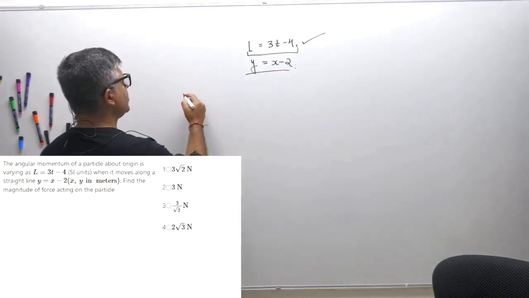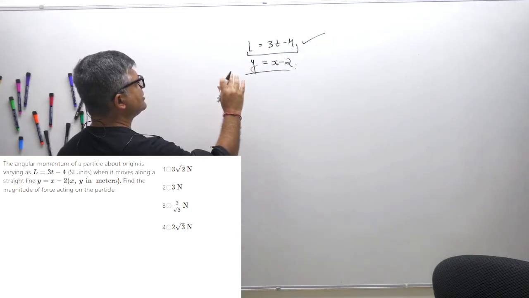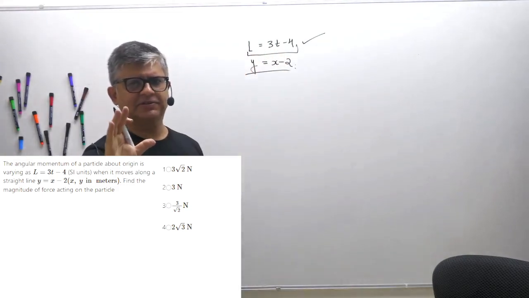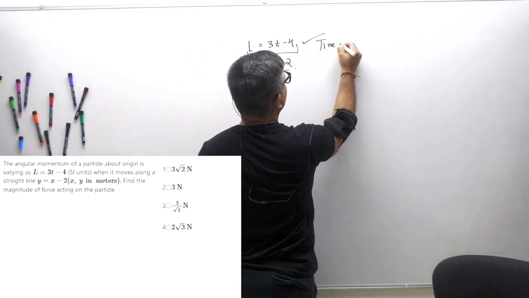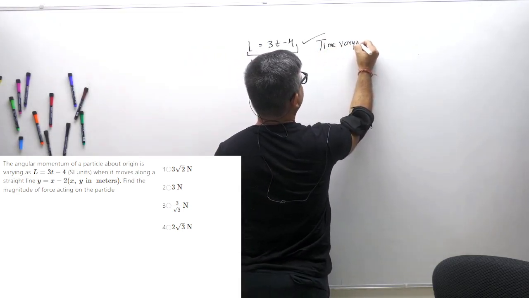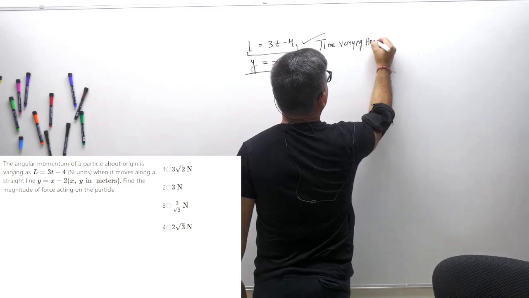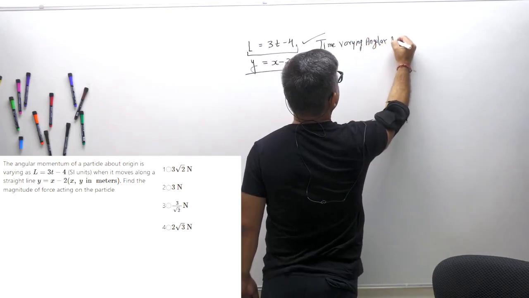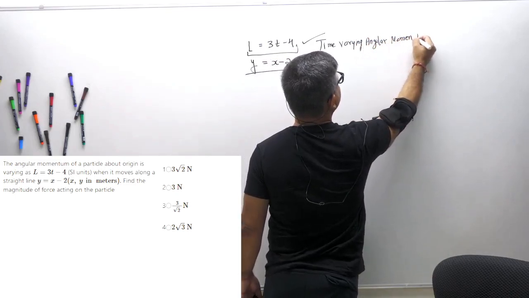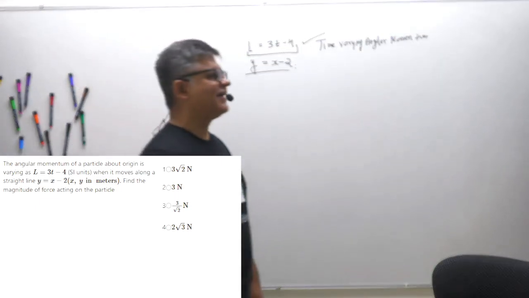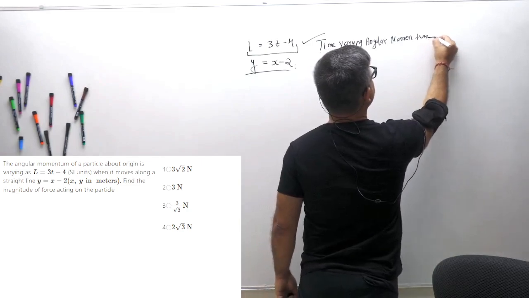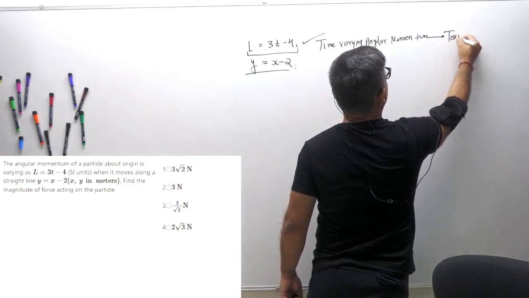Now, if I look into the nature of the question, the first thing I notice is that it's a time varying angular momentum. Which means the angular momentum is varying. So my conclusion from here is that the body is being acted on by some torque.